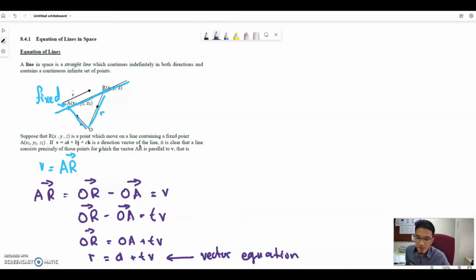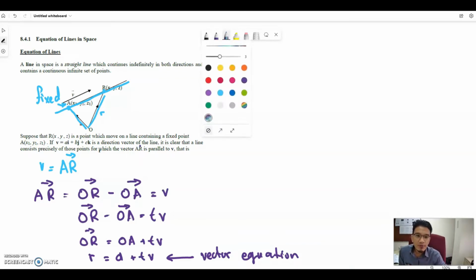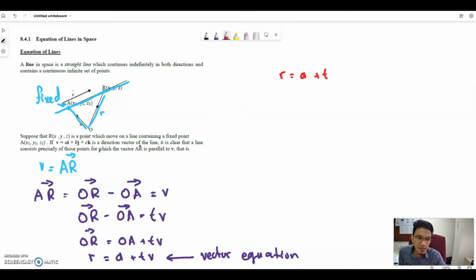What we have to recognize from r equals a plus tV is that r represents the vector from the origin to the point R. Since point R is unknown, we don't know where point R is, so we can say that vector r is xi plus yj plus zk, since point R is unknown and it starts from the origin.